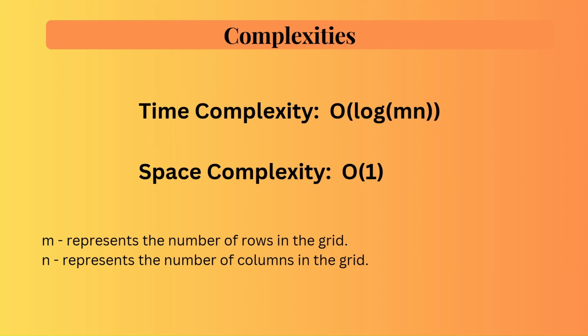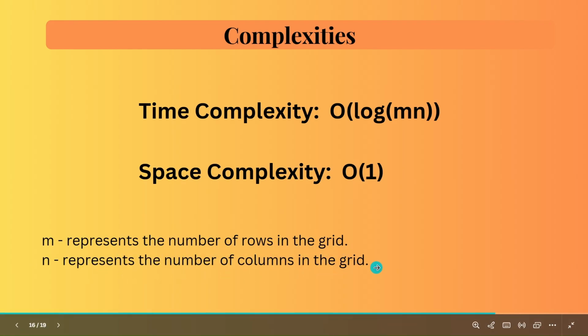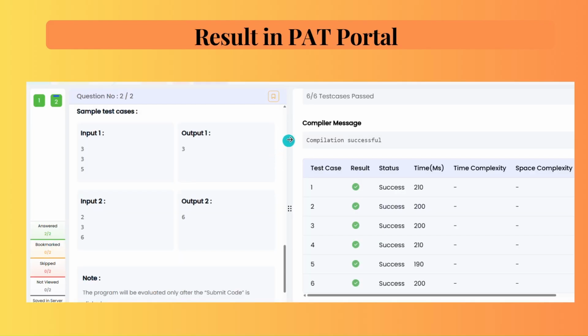But the binary search approach which we use leads to a lesser time complexity, that is O of log of m star n, and the space complexity is O of 1, since we don't use any extra variables to store the array or any kind of data structures to store the values. And here m represents the number of rows in the grid and n represents the number of columns in the grid.